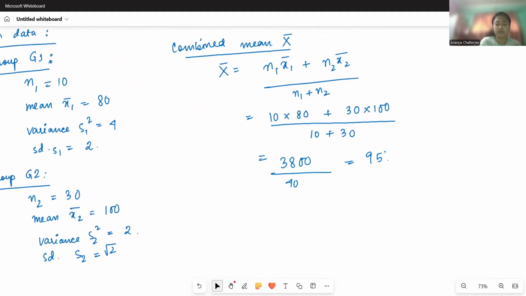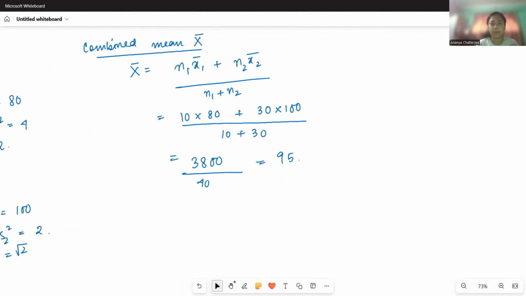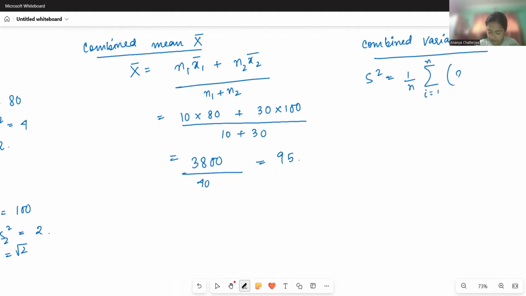The combined mean is 95. Now we check the combined variance, s square. Now s square is equal to 1 by n summation i goes from 1 to n of xi minus x bar square, right?